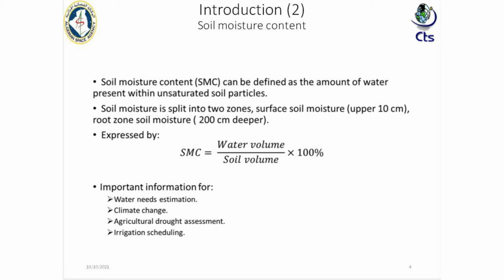And it can be found in 2 zones, surface zone and the root zone. Obviously, we are interested in the surface zone, since we're doing remote sensing here, and we can't really sense root zone soil moisture. Soil moisture can be important for many fields, mainly irrigation scheduling, agricultural drought assessment, climate change, and so on.